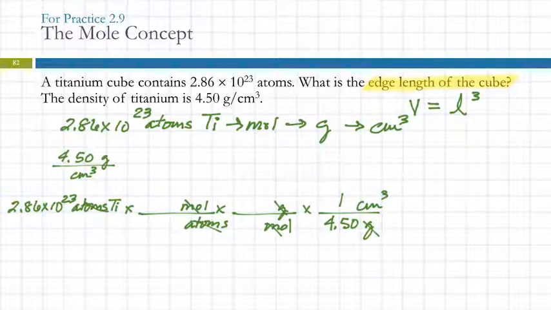What goes in here, moles and atoms? Yeah, 1 mole is 6.022 times 10 to the 23rd atoms. And then grams per mole. Periodic table. Yeah, 47.88.